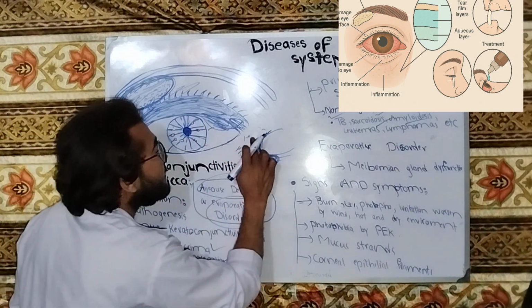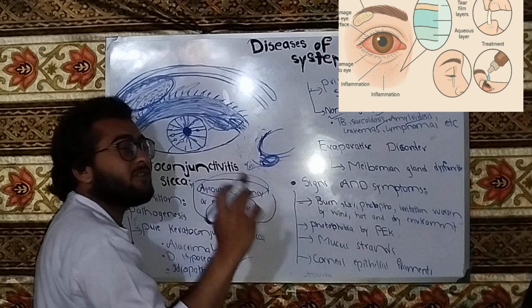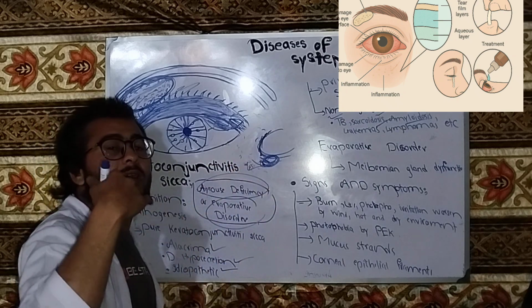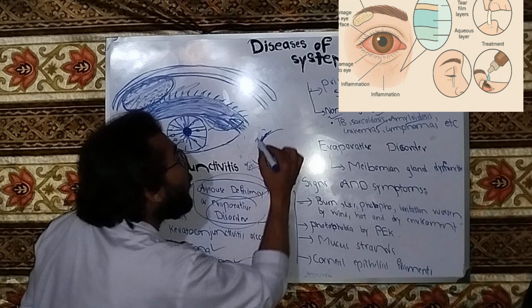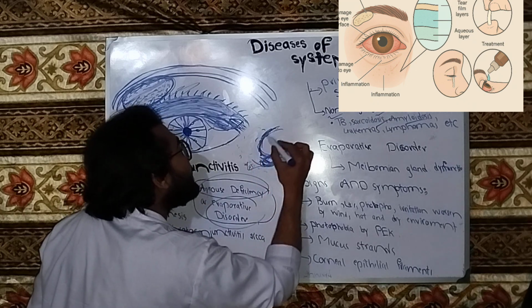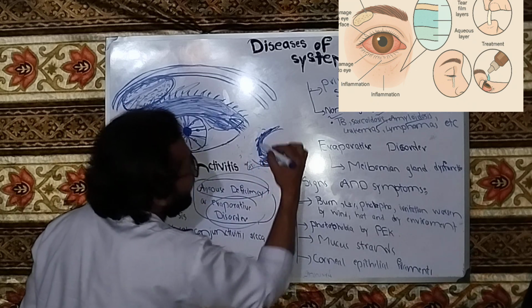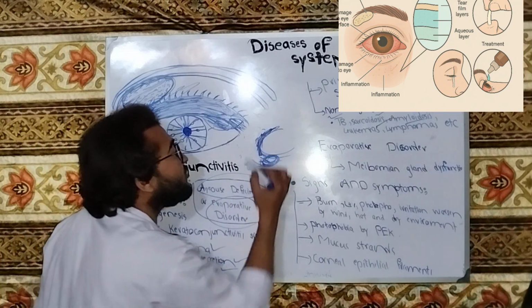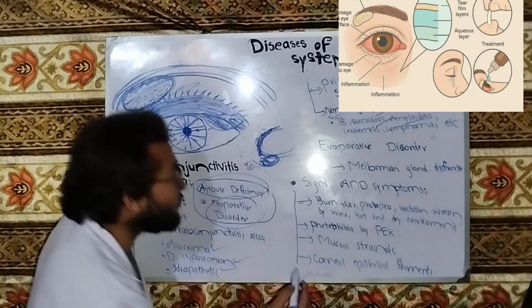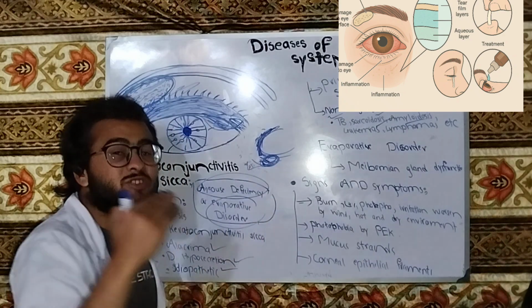As we noted, the lipid part is unstable and the aqueous part is evaporated because of this instability, so we are left with only the mucinous part. The mucinous part is dry, so it will form strands of mucus. The mucus strands are formed because of the dry conditions.